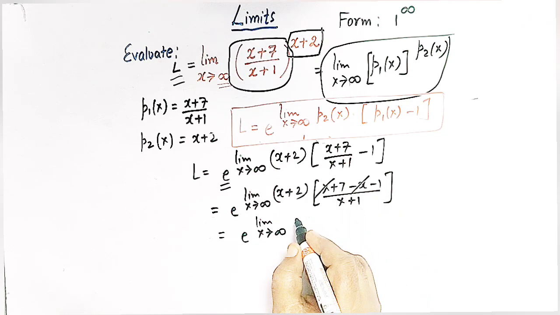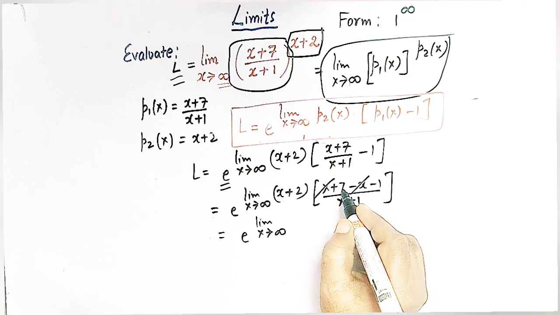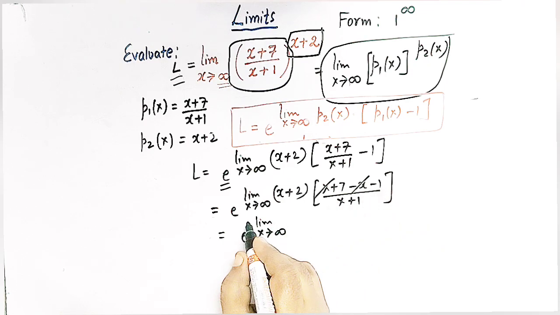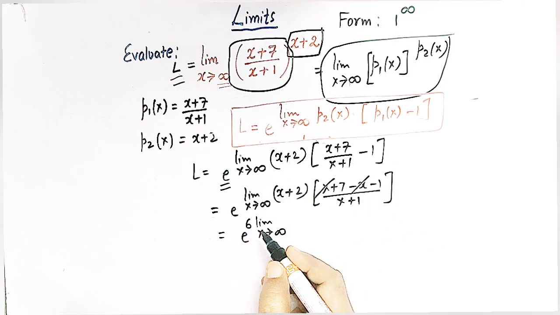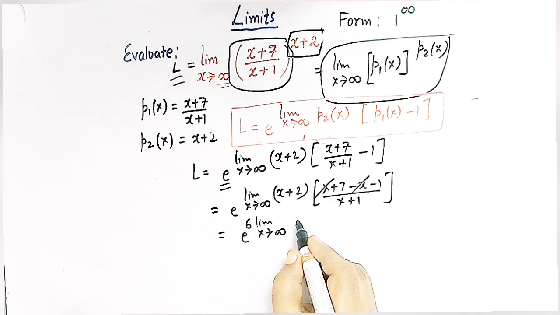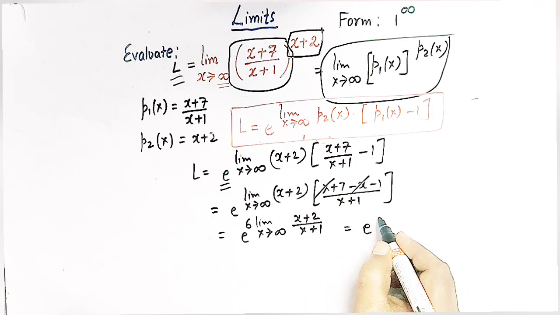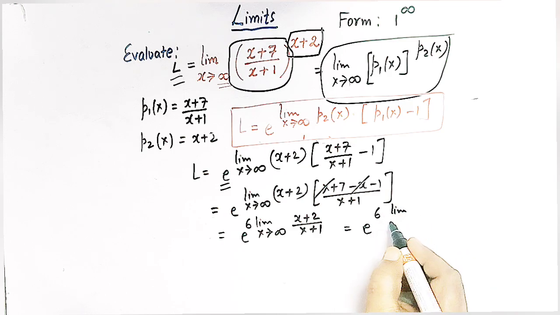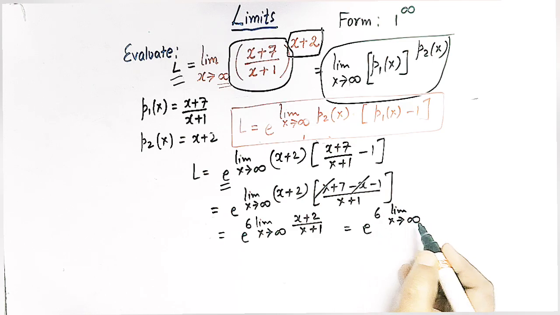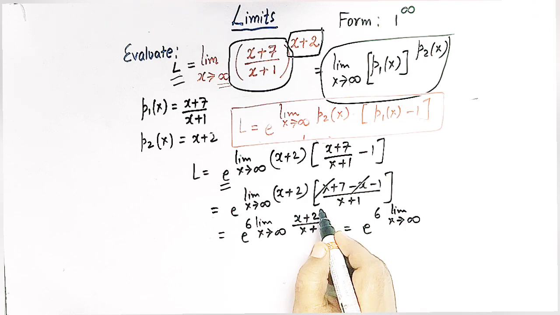We can now write this 6, that is 7 minus 1, in front of the limit notation, because it is a constant, and we have simply (x plus 2) over (x plus 1). So now we can write e raised to 6, and here we have limit x tends to infinity of a rational expression.